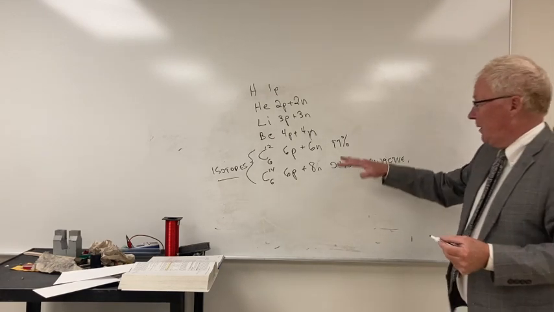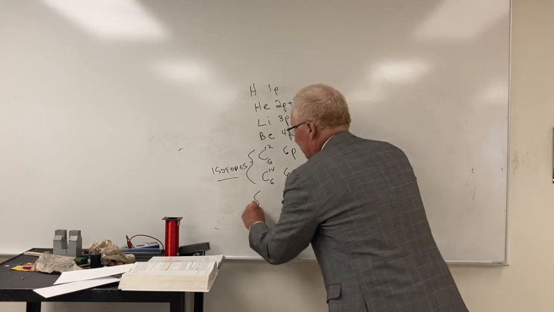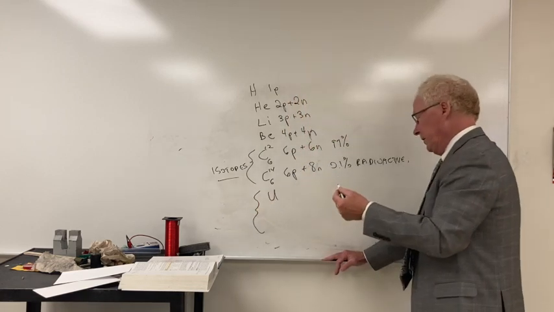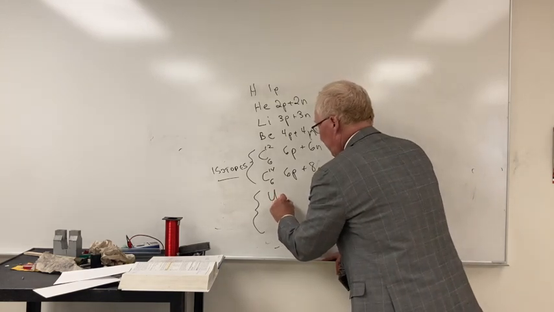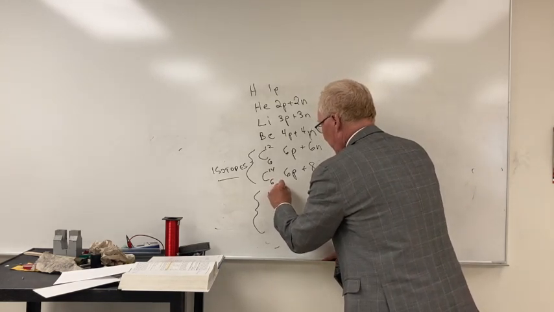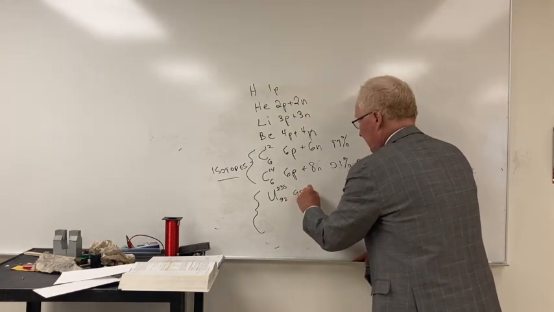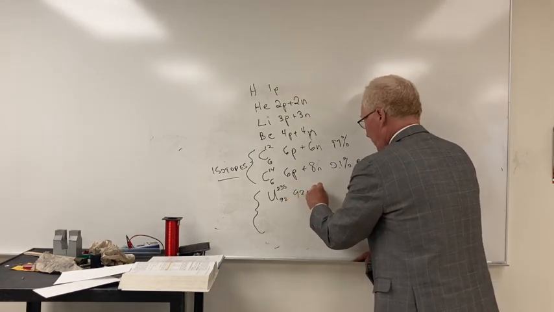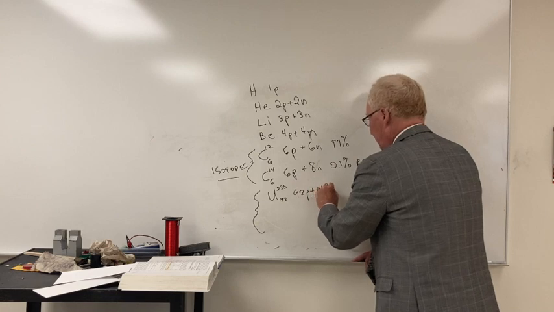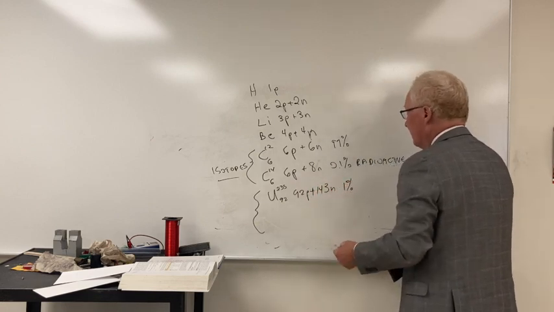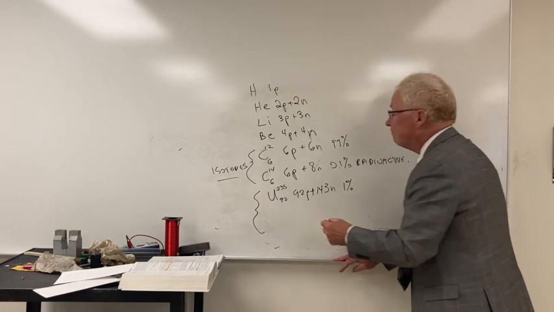Same chemical. Another one we're going to be talking about is uranium. We'll start going to the other end of the scale. That's 92. And then there's 235, which is 92 protons plus 143 neutrons. This makes up about 1% or less of uranium.